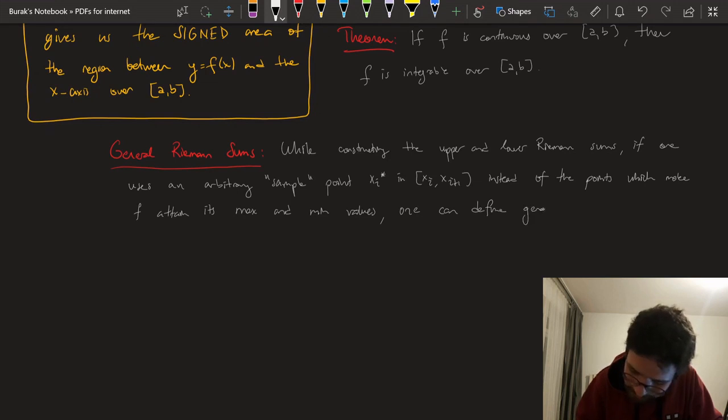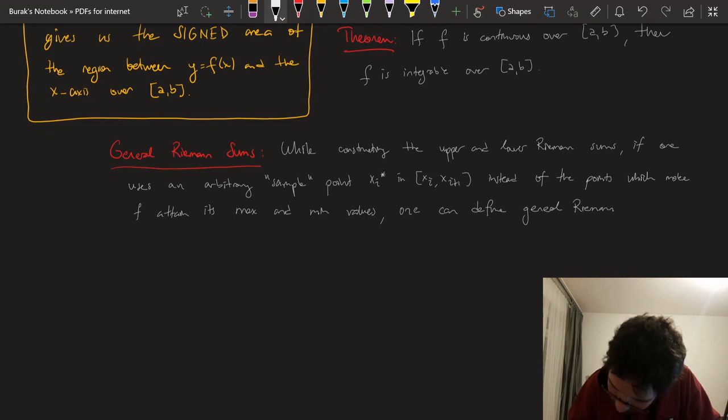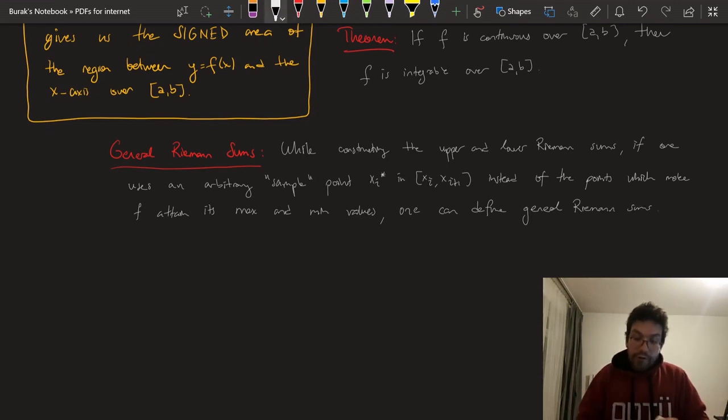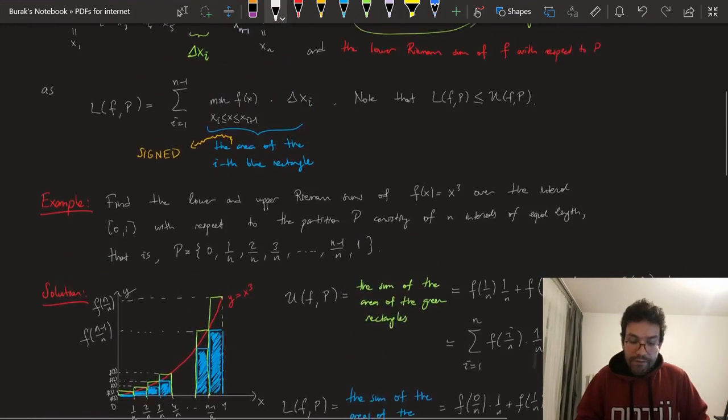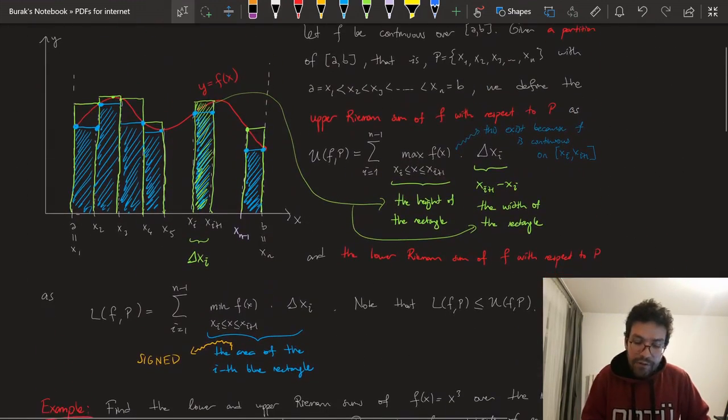General Riemann sums. So what I'm going to do is, instead of, in the definition of upper and lower Riemann sum, you see over here, I said that you take the maximum of f.